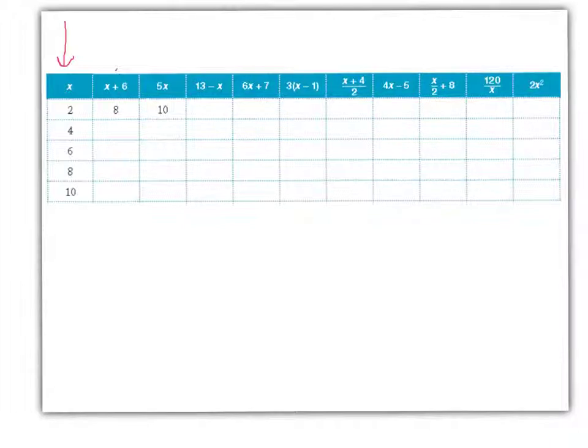Our second column says 5 times x. So 5 times our value for 2 is 10. 13 minus x. 13 minus 2 is 11. 6x plus 7. 6 times 2 is 12, plus 7 is 19.